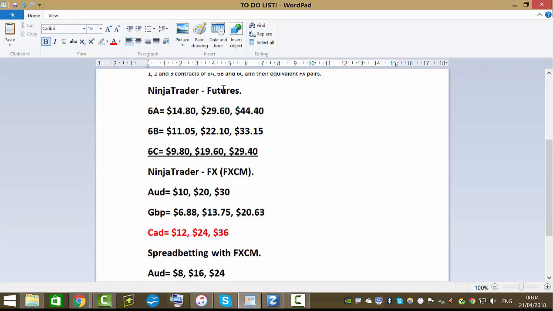If you're making 20% with NinjaTrader futures, then if all things being equal, if you move to NinjaTrader FX, using this broker and this cost structure, then you immediately assume you would have to cut out CAD, but if you were able to replicate everything, then you would make some pretty hefty savings.